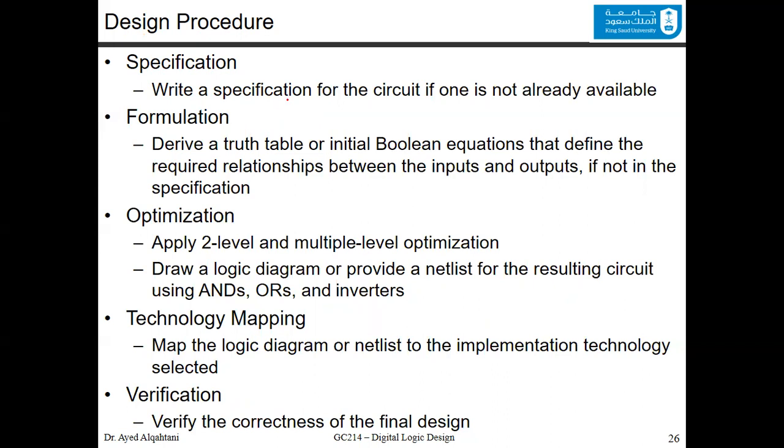You can write a specification for the circuit, if one is not already available to you, in simple English. And then you do formulation. The formulation has many methods. You can derive a truth table or the initial Boolean equation that defines the required relationship between the input and the output, or you can even have the Karnaugh map for it.